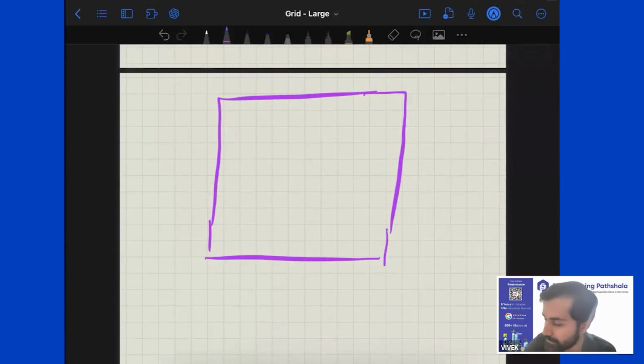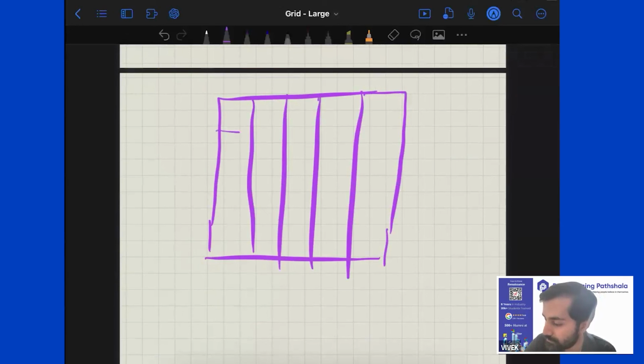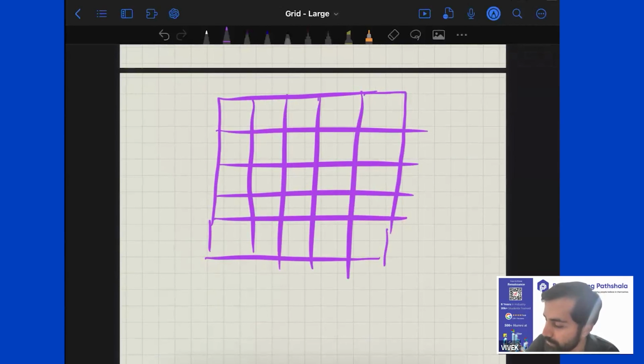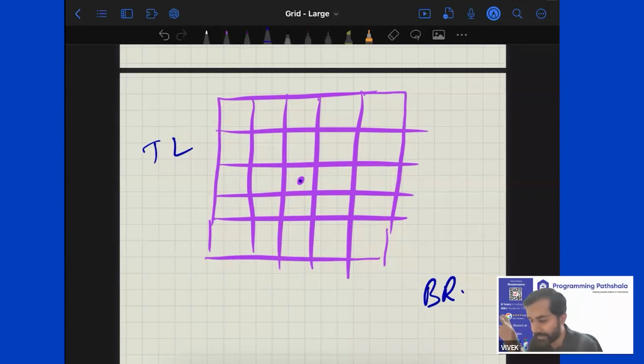Some of you are telling me that what I did made sense, but what I ended up saying was that if the top left is in this part and the bottom right is in this part, then such submatrices will pass through it. This is what I said.